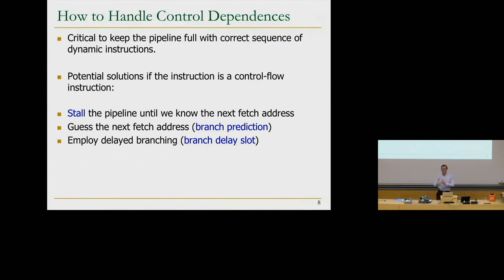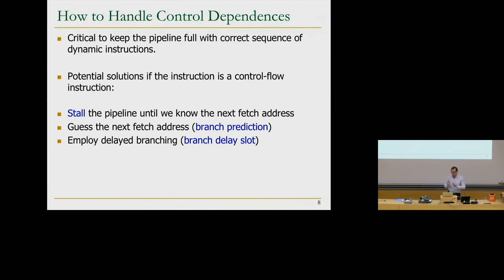This is called a delay slot. The branch doesn't immediately jump to the target if it needs to, but the next n instructions are always executed. Let's say the next 3 instructions, which means that if your pipeline is 4 stages, you can put independent instructions in that delay slot, and they're always executed.